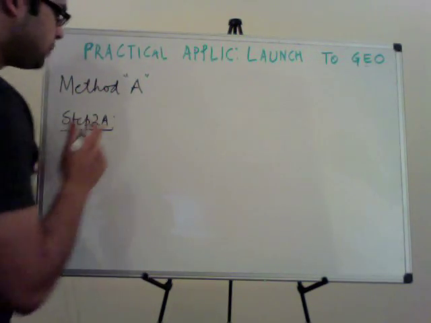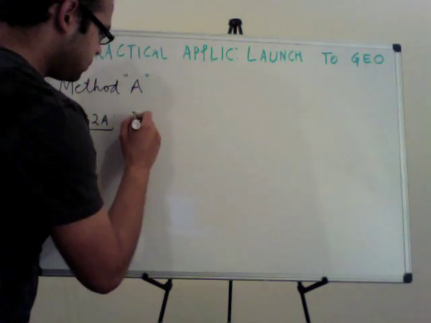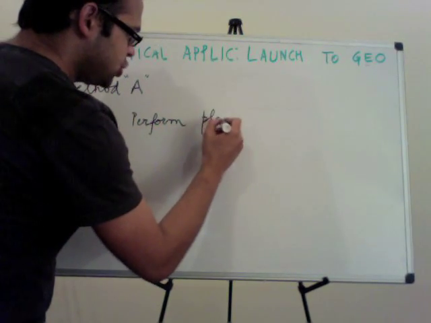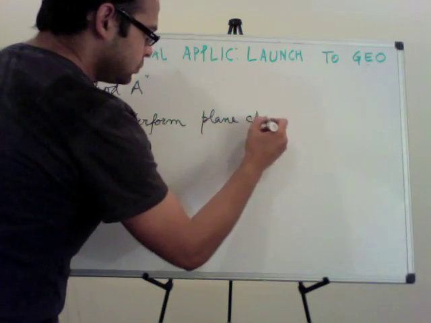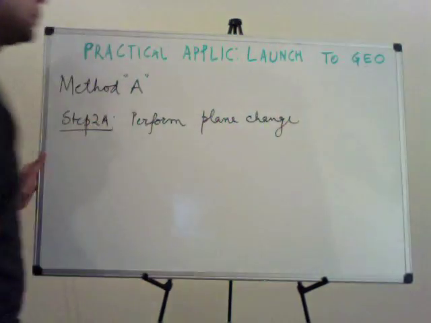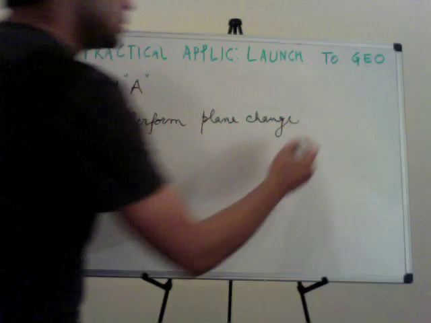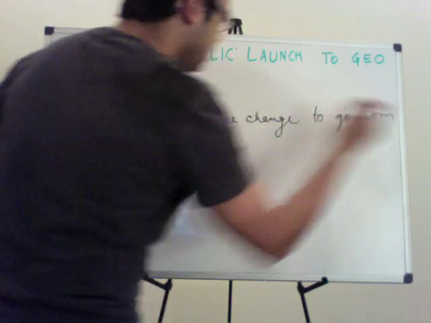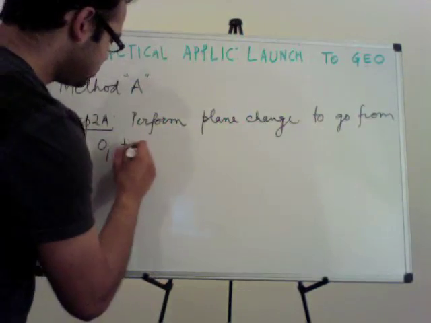Step 2 of method A is to perform a plane change to go from O1 to O2.